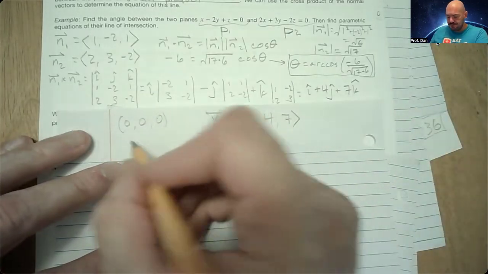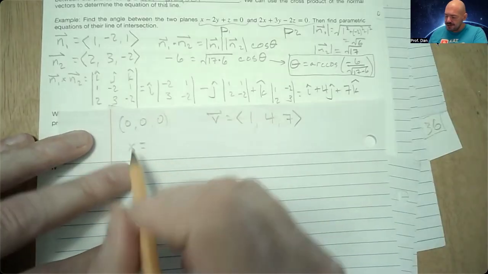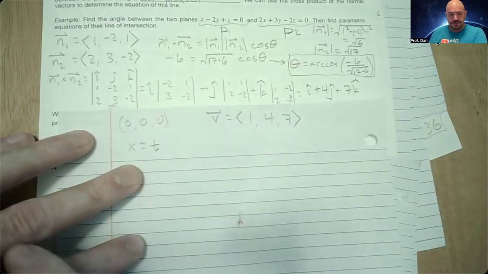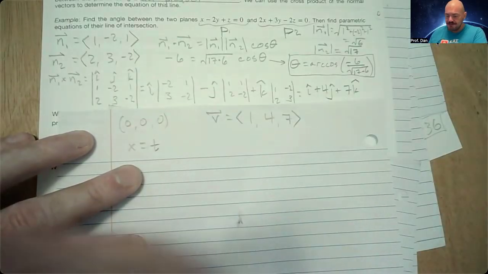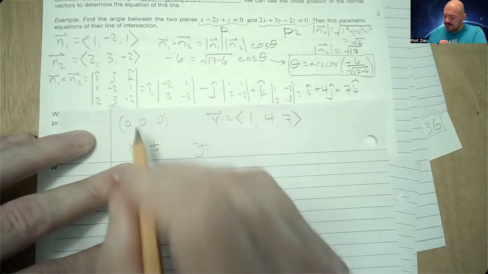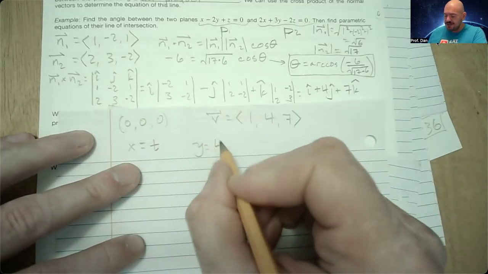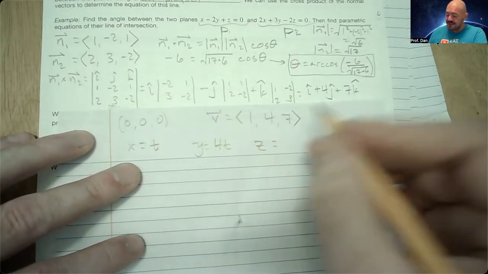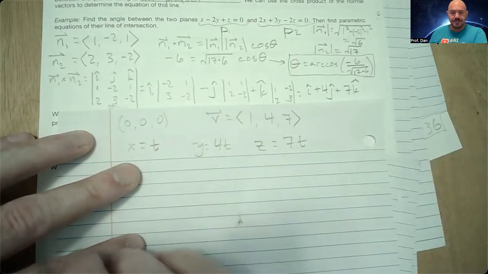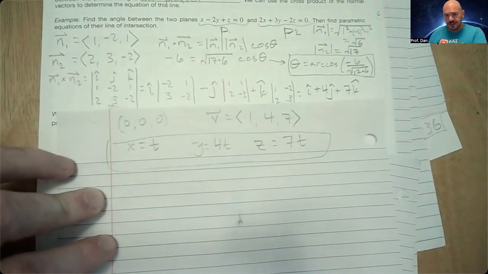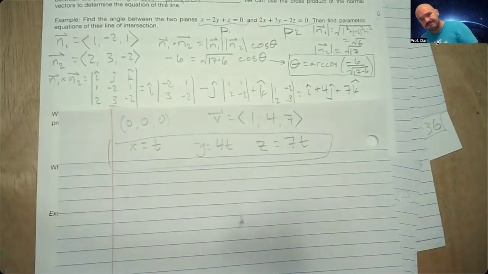So for x, my parametric equation will be 0 plus 1t, or just t. For y, 0 plus 4t, or just 4t. Z, 0 plus 7t, or just 7t. And these are the parametric equations that describe the line of intersection.